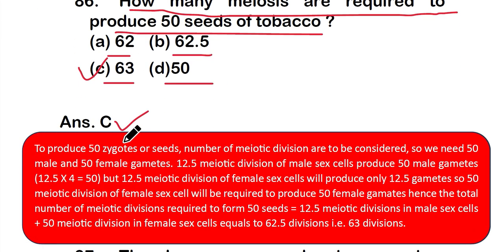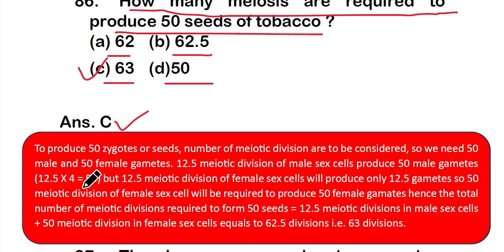To produce 50 zygotes or seeds, the number of meiotic divisions is to be considered. So we need 50 male and 50 female gametes. 12.5 meiotic divisions of male sex cells produce 50 male gametes, that is 12.5 into 4 equals 50. But 12.5 meiotic divisions of female sex cells will produce only 12.5 gametes.